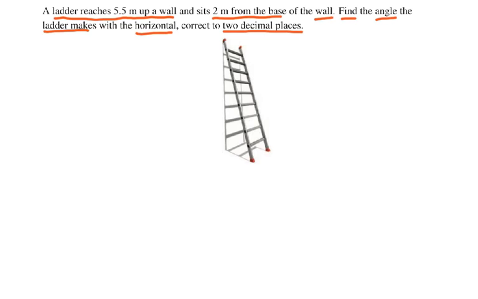Let's have a look at a worded problem. A ladder reaches 5.5 metres up a wall and sits 2 metres from the base of the wall. Find the angle the ladder makes with the horizontal correct to 2 decimal places. Step 1 when doing a worded problem is to ensure that you read the question first, then underline the important bits of information so that you can pop it onto a diagram.